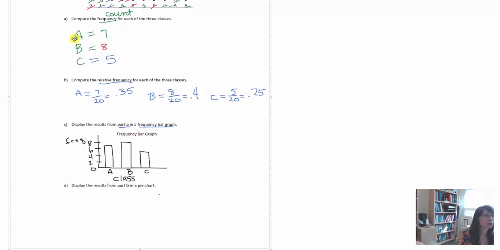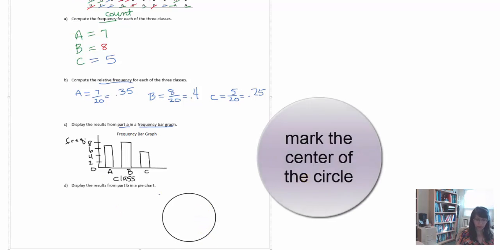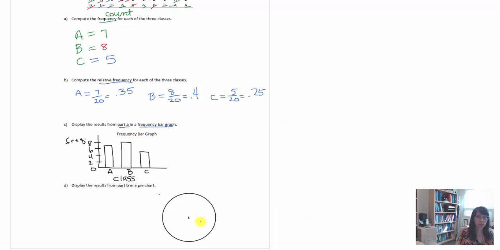So I'll insert a circle, or I could draw a circle. Here's my circle, and I'm going to mark the center of the circle as a reference point to draw my slices. And I need to have 3 slices in my circle because I have 3 different classes of data. So let's see, looking at 0.35, 0.4, and 0.25, I recognize 0.25 as being 1/4 of the circle. So I think I'll start with wedge C, 1/4 of the circle, 0.25.